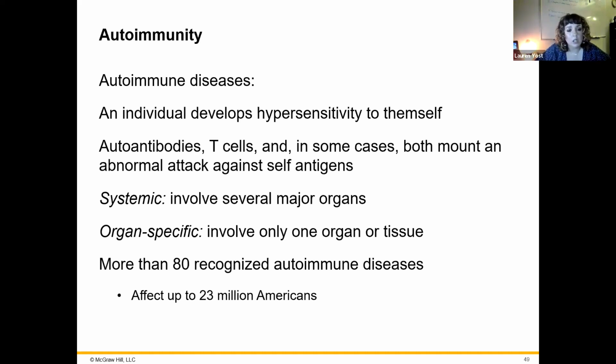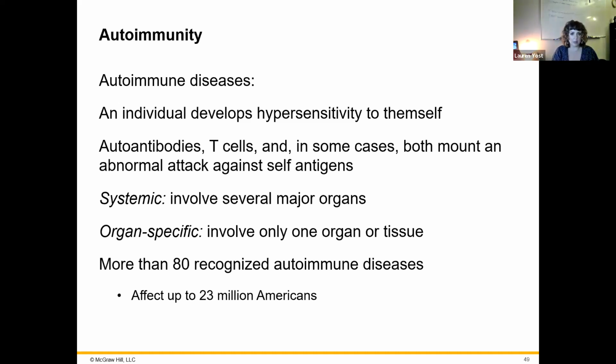Autoimmune diseases. All of these can be associated in one way or another. We're not really type 1, but types 2, 3, or 4 are often associated with autoimmune diseases, where these reactions are happening against our own body. We're seeing our own body as not self, as foreign, and that's not what it should be doing, right? There are more than 80 recognized autoimmune diseases.